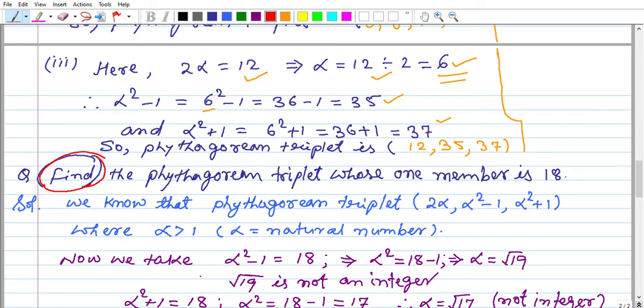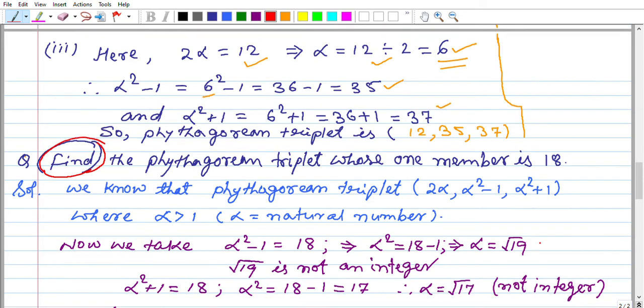Now let's see. Now we take alpha square minus 1 equal to 18. Alpha square equal to 18 plus 1, and alpha equal to root 19. You know that root 19 is not an integer. Very good. Second, I have taken alpha square plus 1 equal to 18.